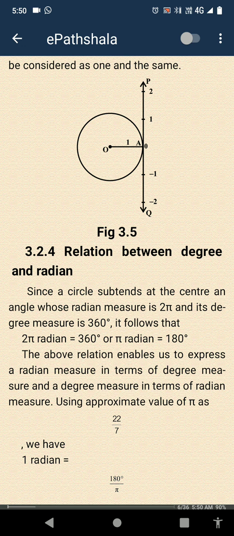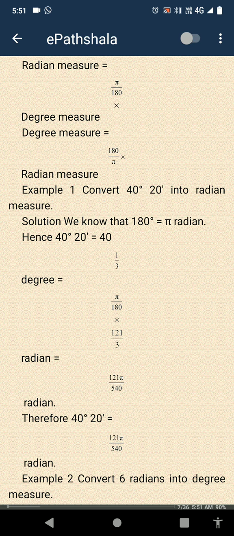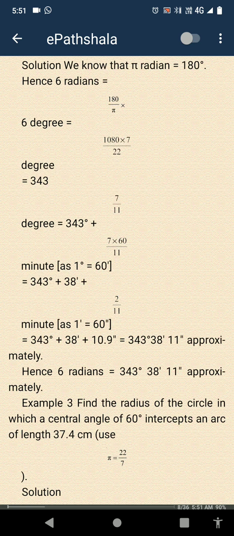In this case, remember that this formula holds only when the radius of the circle is 1 unit. So this will help you make the relation between radian and degree, and you can convert. You just see that 2 pi radian is 360 degree. If you divide by 2, you will get that pi radian is equal to 180 degree. And now from here the conversion is going to start. So we will discuss all these things in the next video.